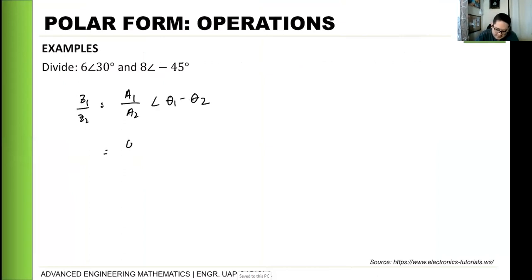So we have 6 over 8 angle of 30 minus negative 45. So we have 6 over 8 is 3/4 or 0.75. Angle of 30 plus 45, that is 75. Okay, so this will be our quotient.